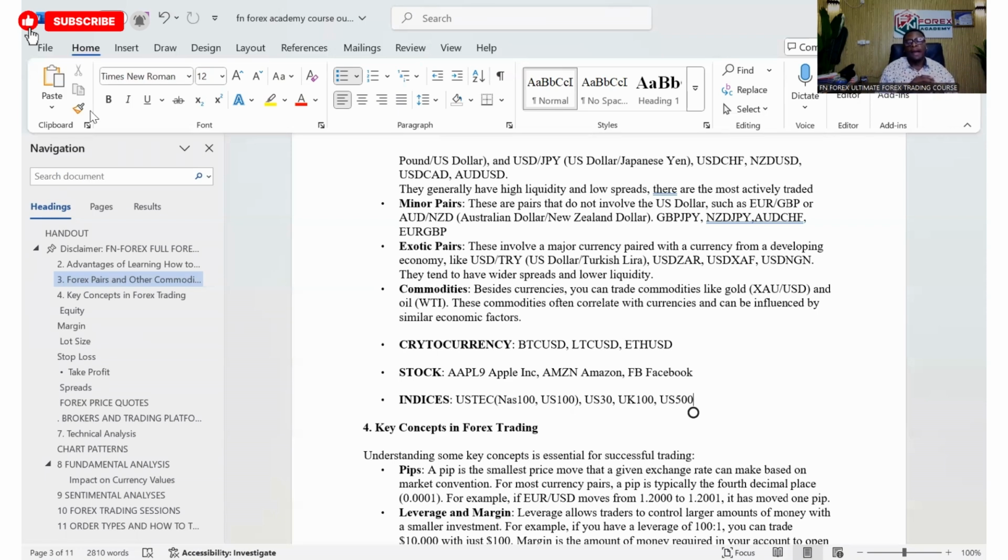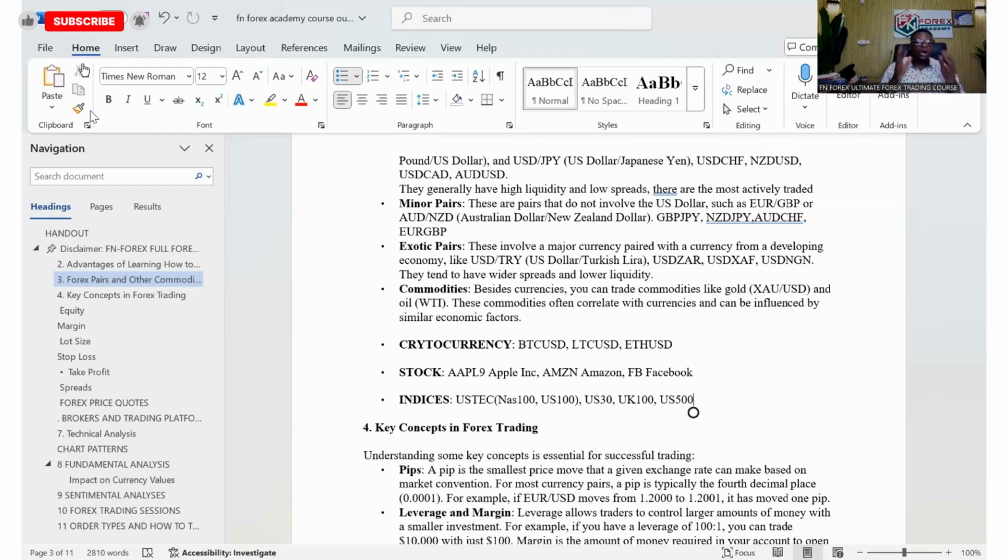But I bet you trading few is going to be better than trading a wide variety. So that is that for what we actually trade in the Forex market, right? Trading these currency pairs, minor, major, exotic, commodities, crypto, stock, indices, right?